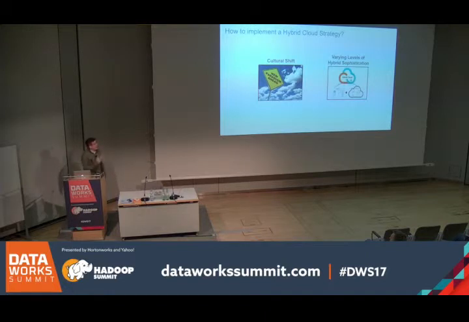And the other thing is the different levels of sophistication. I can start a strategy, as I said, just exposing my on-prem data to my mobile app on the cloud, or I can have a full-blown architecture for integration of on-prem with a dedicated cloud and a public cloud.